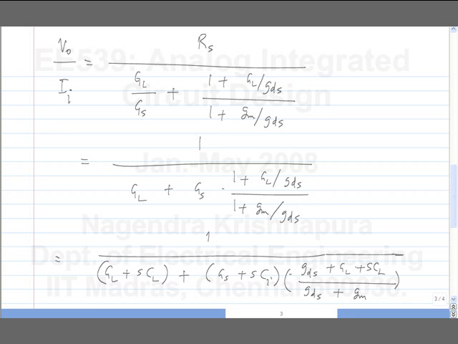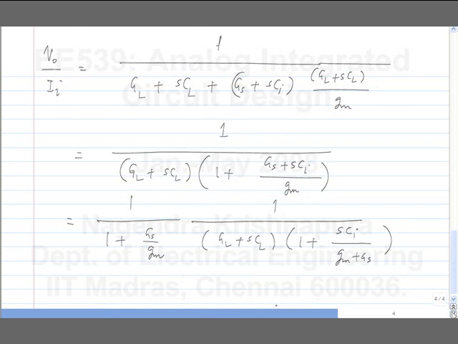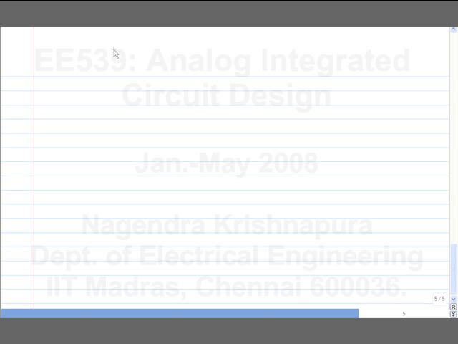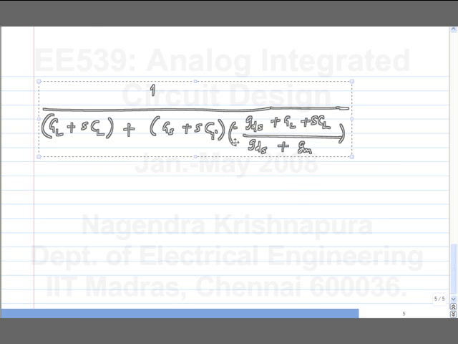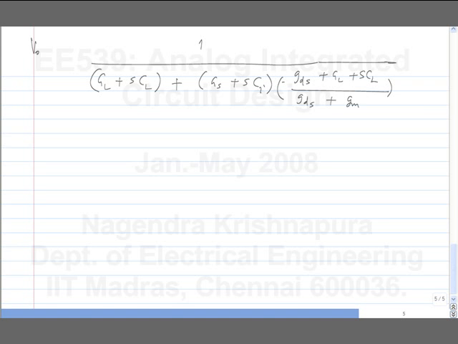What will? See, yeah, we can, if you want, we can work that out. This is the expression for V0 by II. If you want V0 by Vi, you just divide it by Rs.